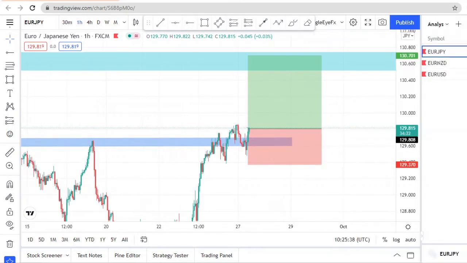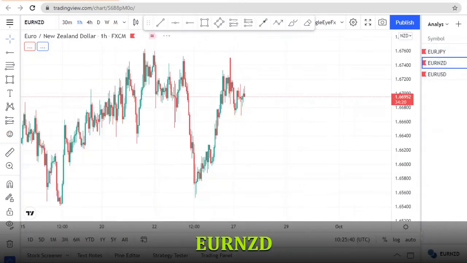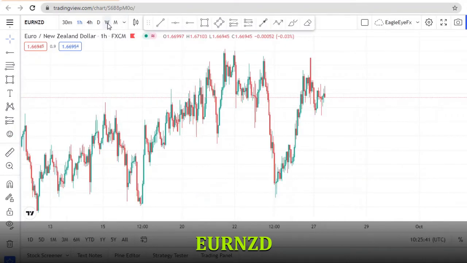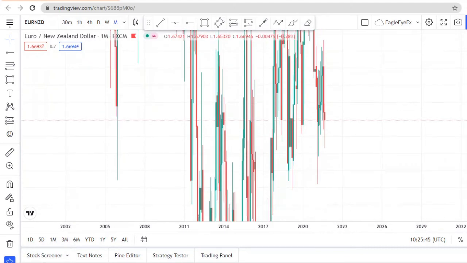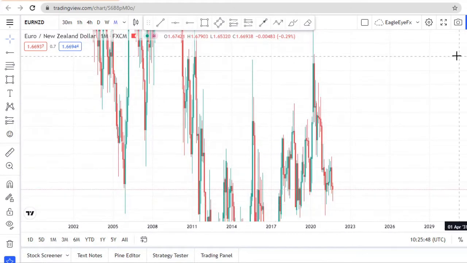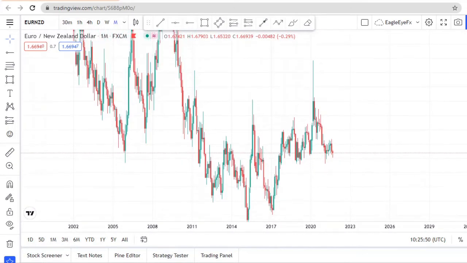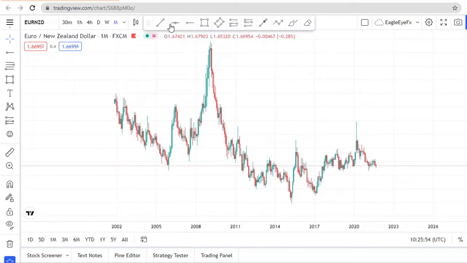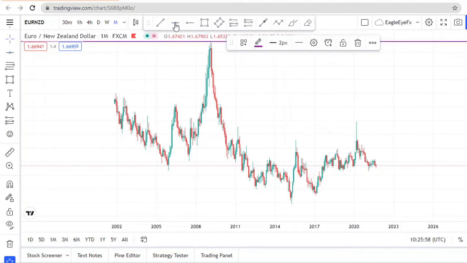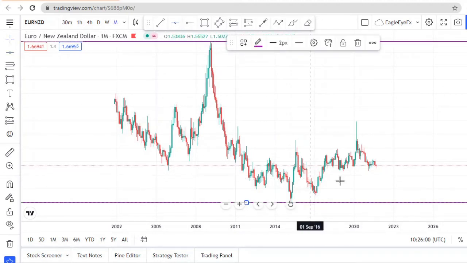Let's go to our second pair, which is EURNZD. As usual, I like starting from a monthly time frame, which is my highest time frame, so I can know the movement of the market, right? I know the movement. So on EURNZD, this has been the highest and this has been the lowest.